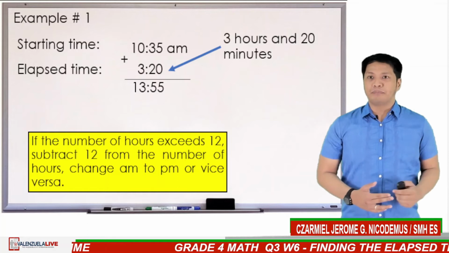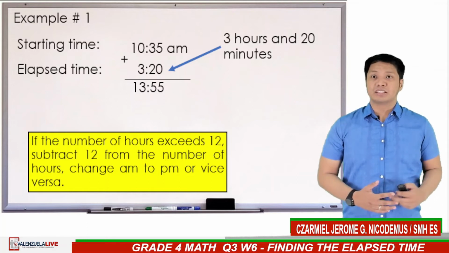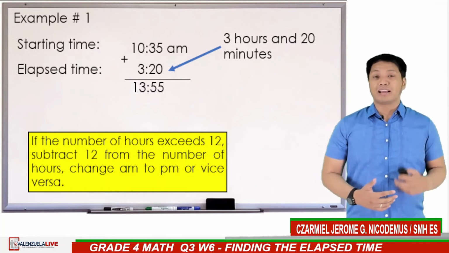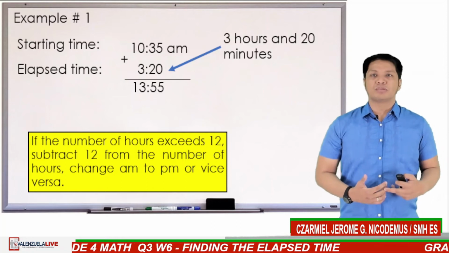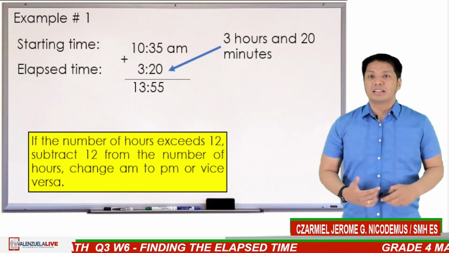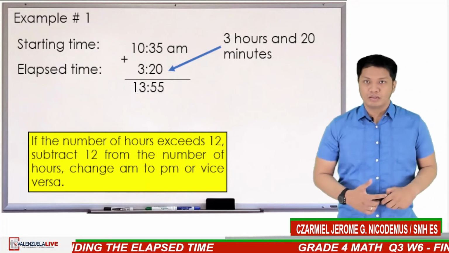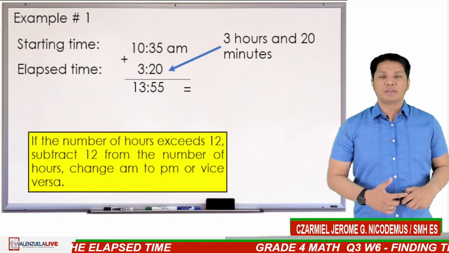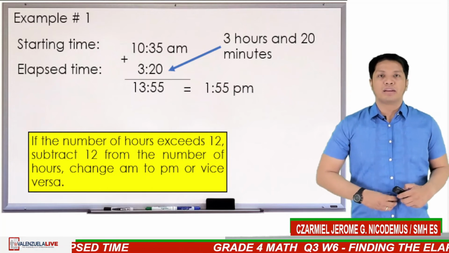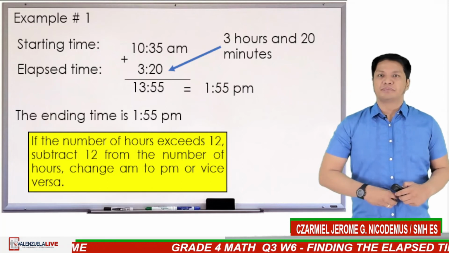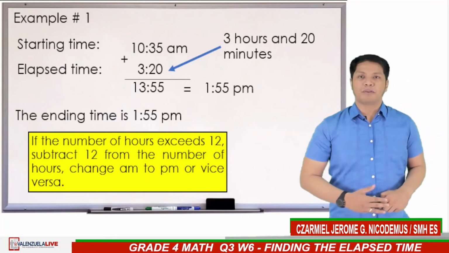If the number of hours exceeds 12, let us subtract 12 from the number of hours, then change AM to PM or vice versa. So 13:55 will become 1:55 p.m. The ending time is 1:55 p.m.